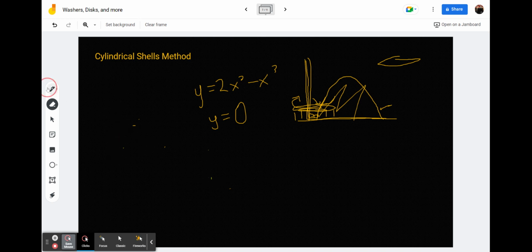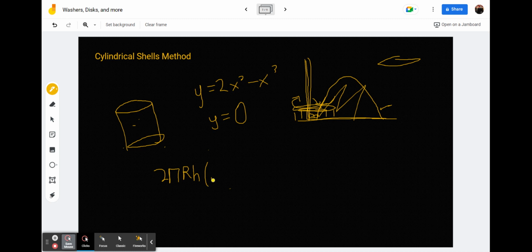Well, recall that in a cylinder, the surface area, or the perimeter of the circle on the cylinder, is going to be 2 pi r times h. This is going to be this outside area.